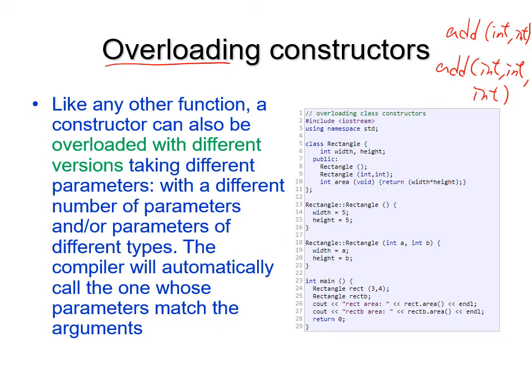Okay, so when you make the function call, the program will automatically decide which function is going to serve your program. Constructors are the same. They can have different versions because they can have different numbers of parameters, or the parameters may have different types. And the compiler will automatically call the one whose parameters match the arguments.